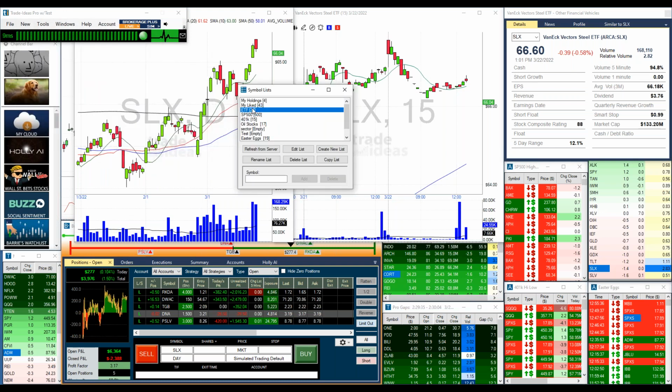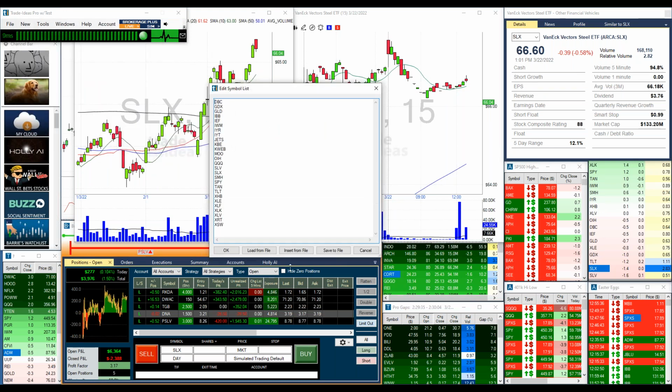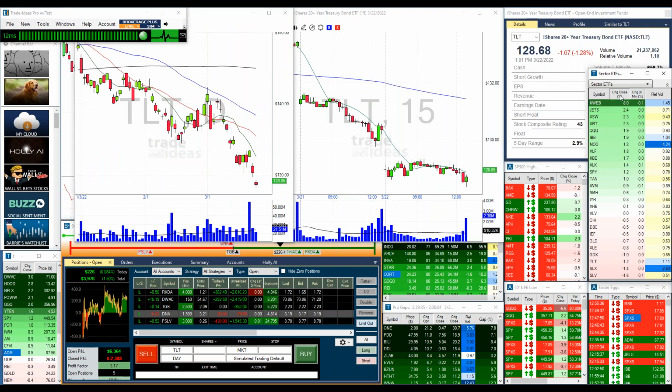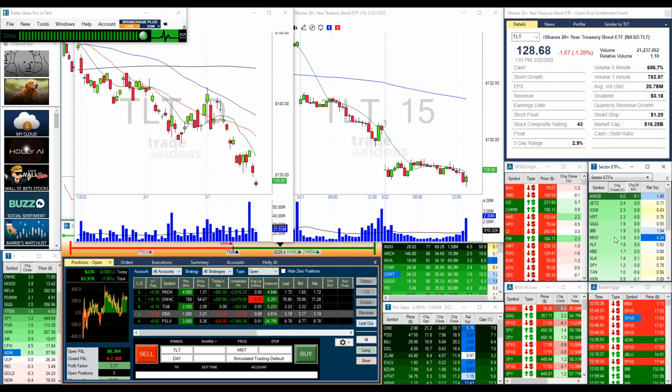My symbol list is ETFs. I've got 27 of them in there. And all I do is point this symbol list towards this top list window with no filters. And then I just double click and sort change from close to see who's doing the best today. So it's real simple. If you need more help on that, you can always email us at info@trade-ideas.com.